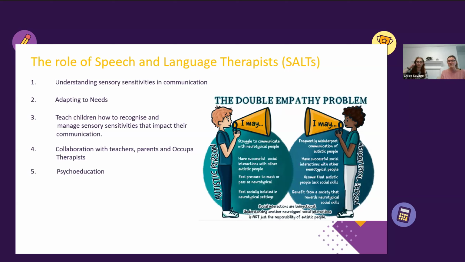And then one thing that Rachel was just saying, which is completely true, is that speech and language therapists are really good at helping young people understand their differences. Within the capacity of this presentation, it can be sensory, but other differences as well, and how they relate and are different and similar to other people.